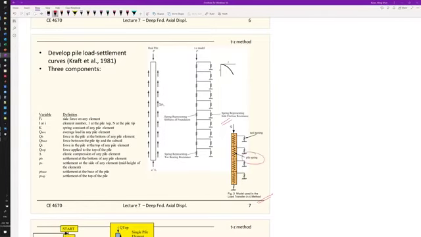First, the elastic compression. Pretty much you use the pile spring here. Second is the side friction, or side settlement.